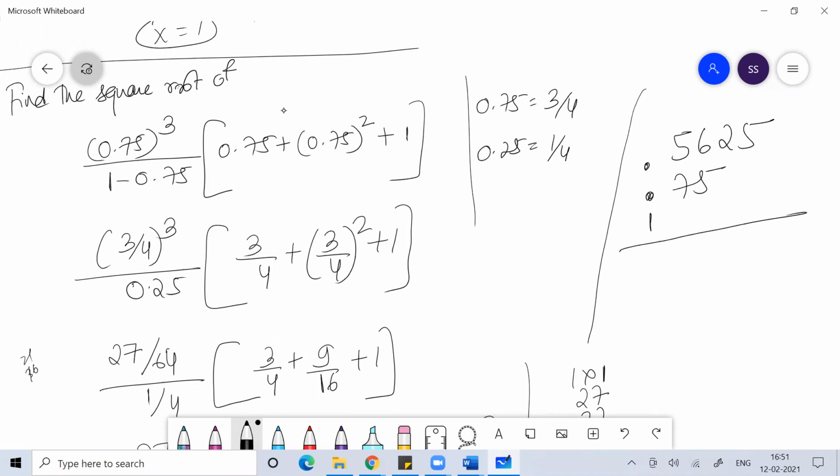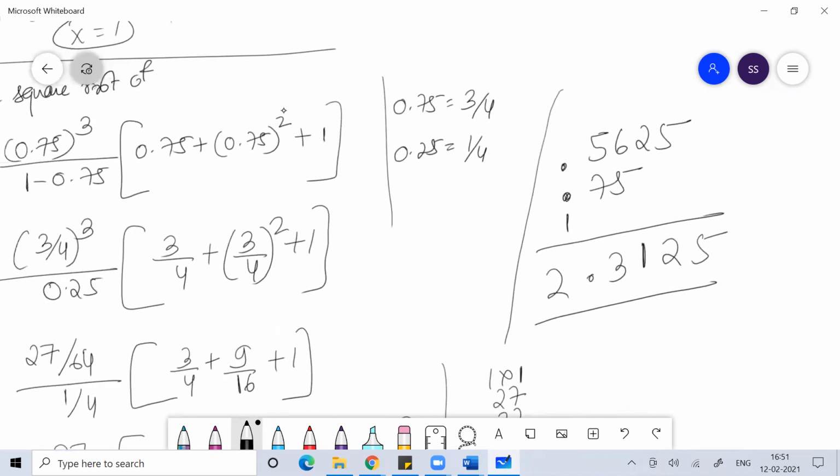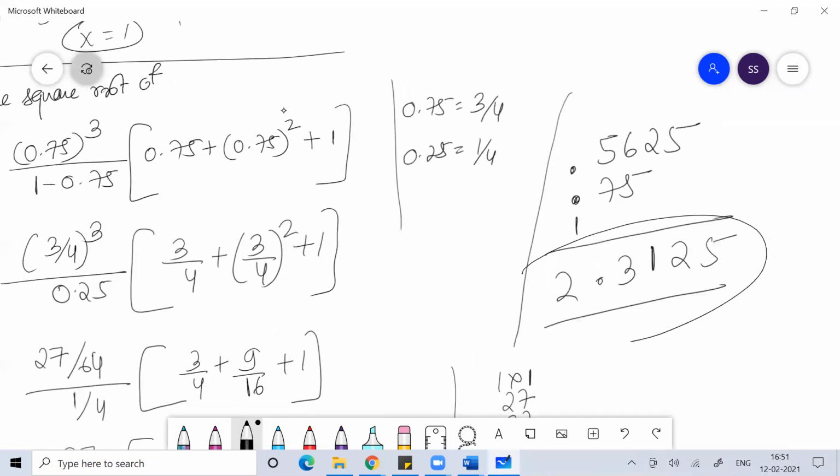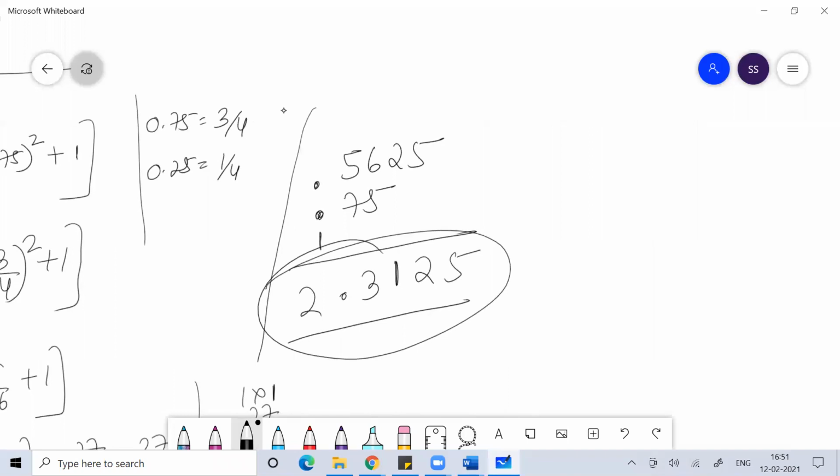If you add them, you get 2.3125. What is the square root of 2.3125?